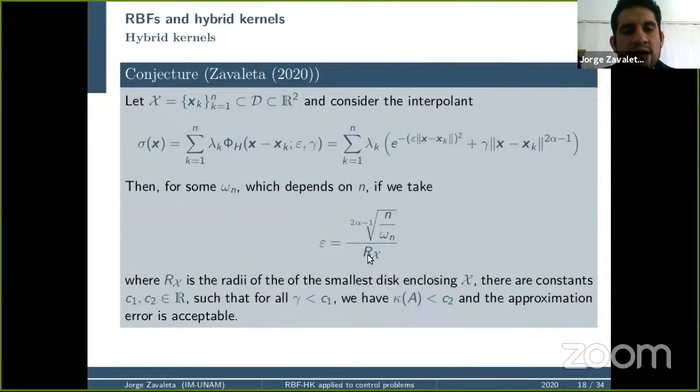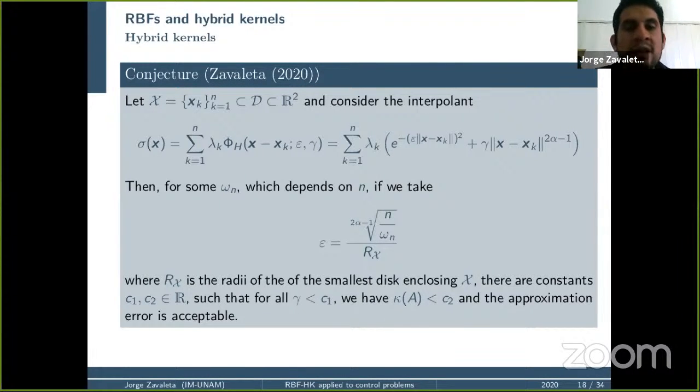Here is a constant, but it is a function of the number considered in the set of scattered nodes, divided by the radius of the smallest disk enclosing X. So in this way, there are constants C1 and C2, such that for all parameters gamma that I could choose, we have that the condition number is going to be bounded. And so this is going to give us a good approximation.